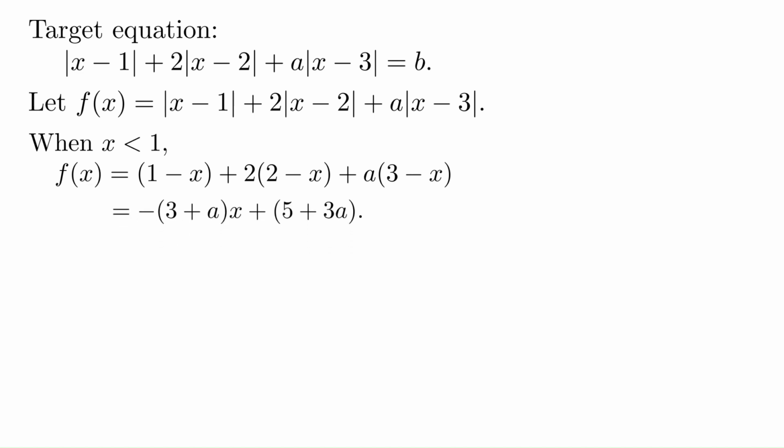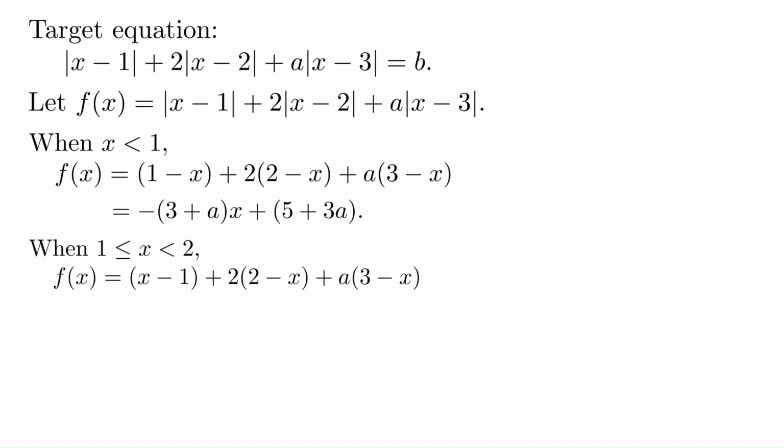Summing up according to x, we have negative 3 plus a times x plus 5 plus 3a. The second case, when x is between 1 and 2, x minus 1 is positive, and x minus 2 and x minus 3 are negative.